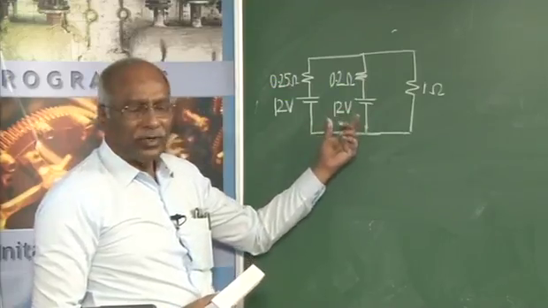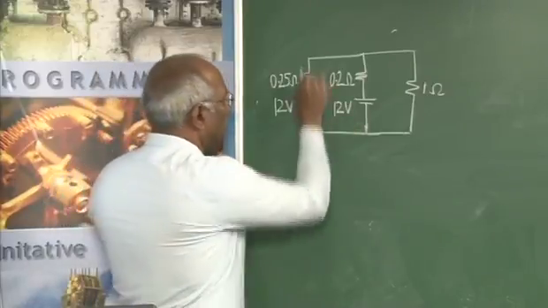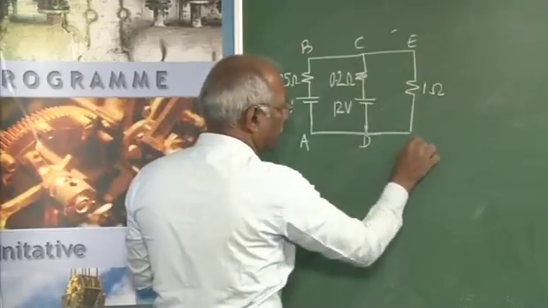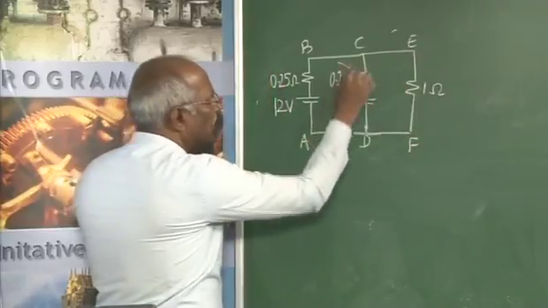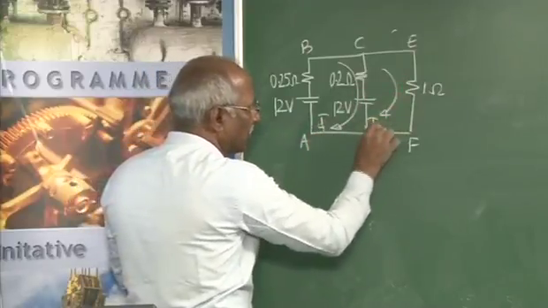We have to think of Kirchhoff's voltage law. Call it as say A, B, C, D, E, F. Consider loop currents I1 and I2.